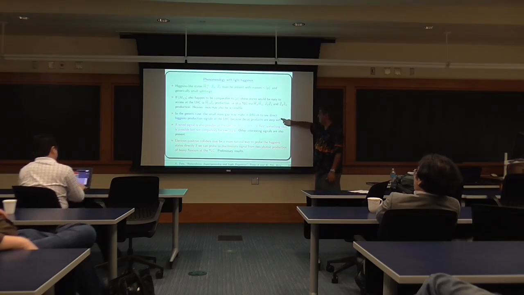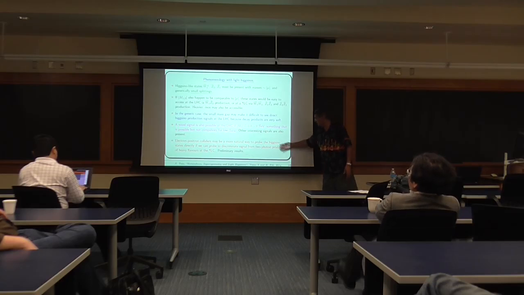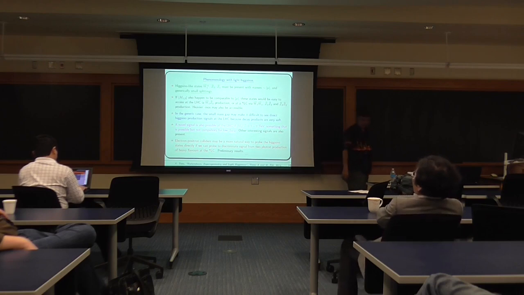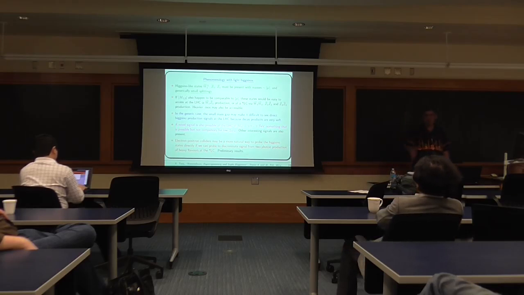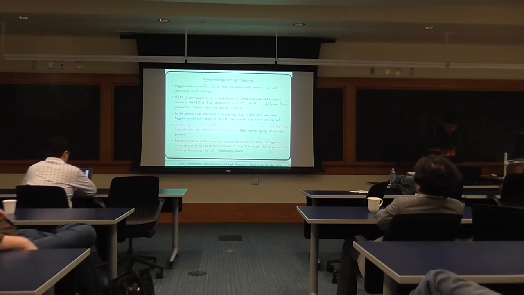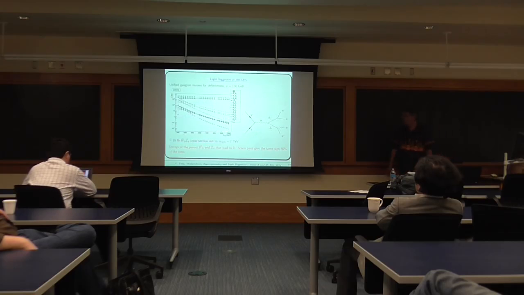The generic case is the small mass gap. There's a novel signal at the LHC, which I will talk about, and of course, electron-positron colliders can produce these Higgsinos, because Higgsinos now are in a couple of 100 GeV range, the natural place to look for them. So let's talk about the LHC.